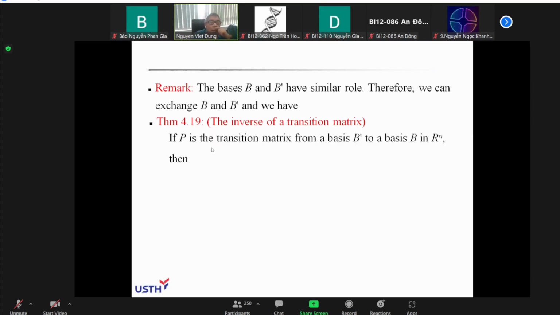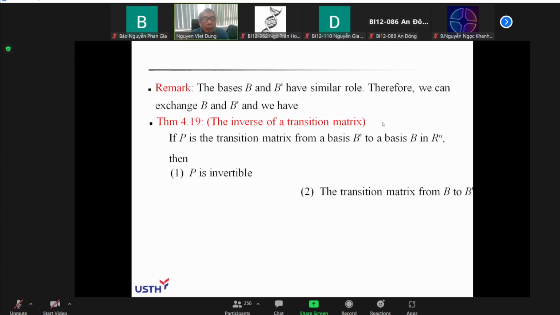Suppose that P is a transition matrix from B prime to B in n space. Then the matrix P is invertible.